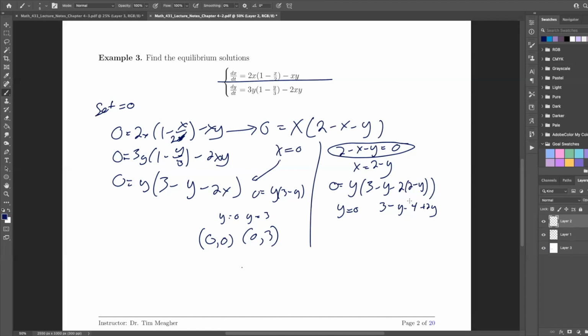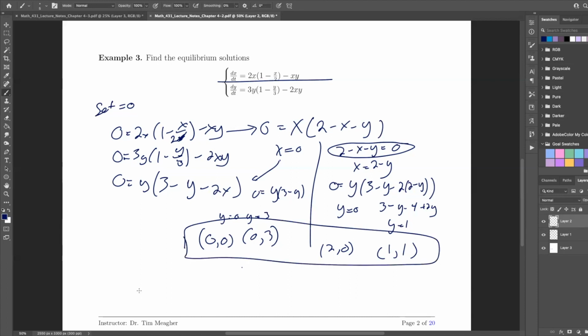So y equals 1. Okay, so y equals 1. And so if y equals 0, x equals 2, so I have 2, 0. And then if y equals 1, x is equal to 1. And so here are my 4 equilibrium points.